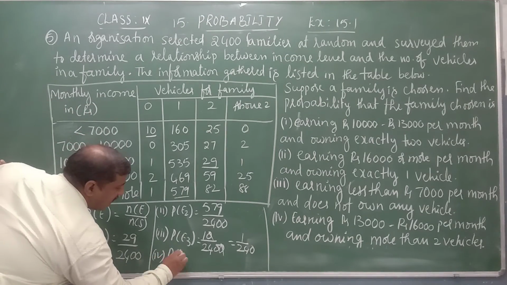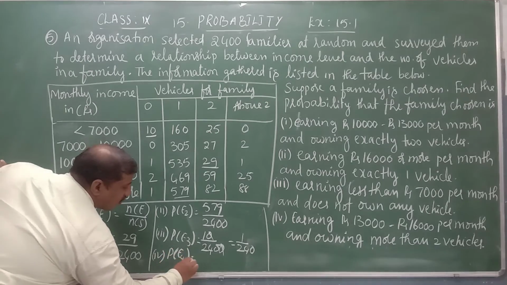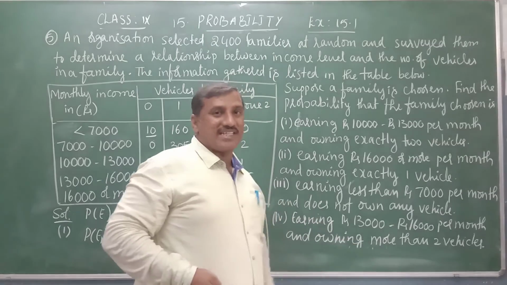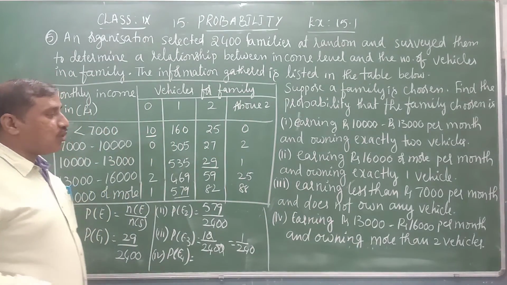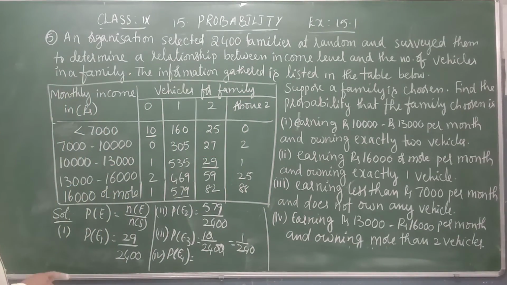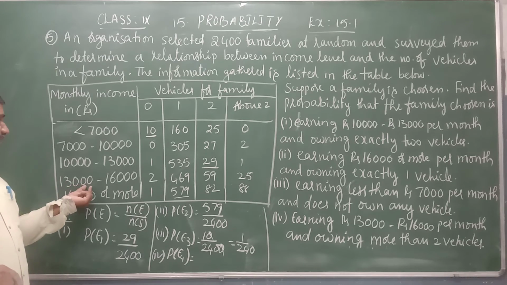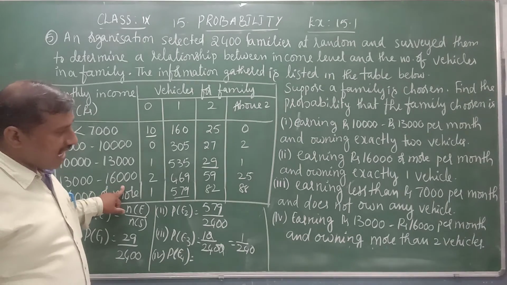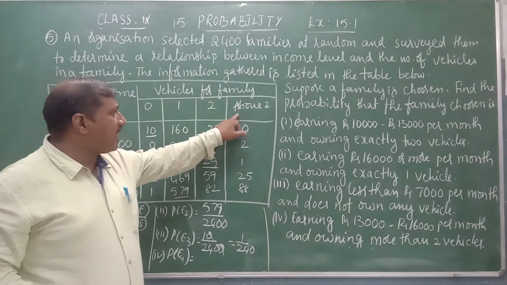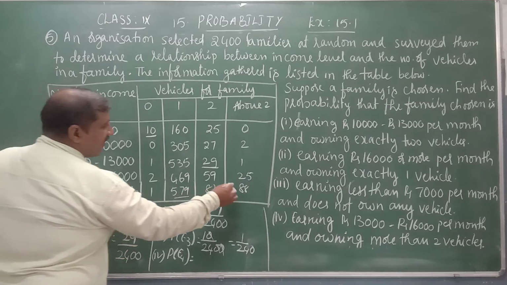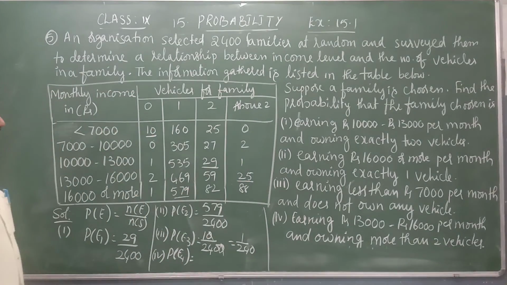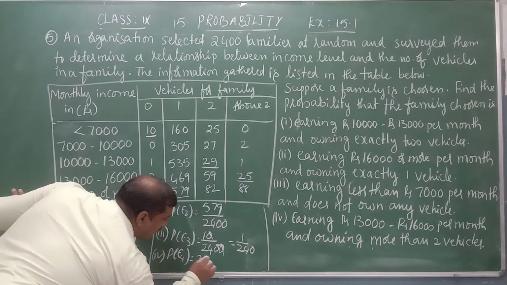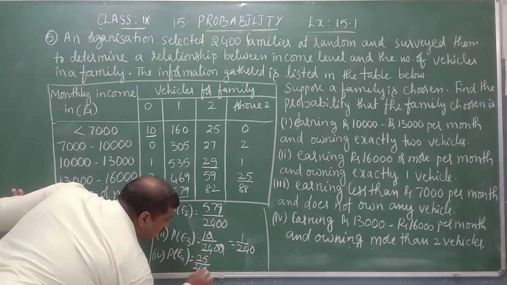Next, the fourth one, P of E4: earning rupees 13,000 to 16,000 per month and owning more than 2 vehicles. Earning 13,000 to 16,000 and having above 2 vehicles, there are 25 families. Therefore, it is 25 divided by 2400.